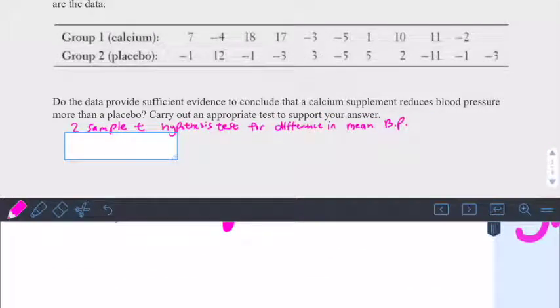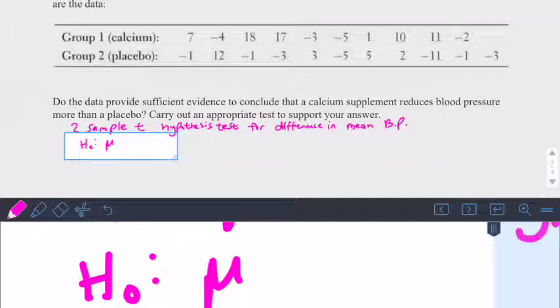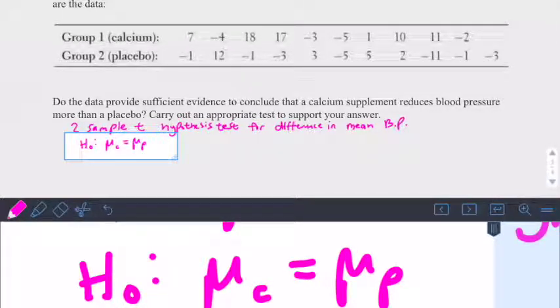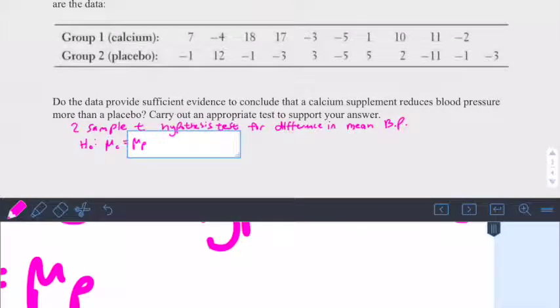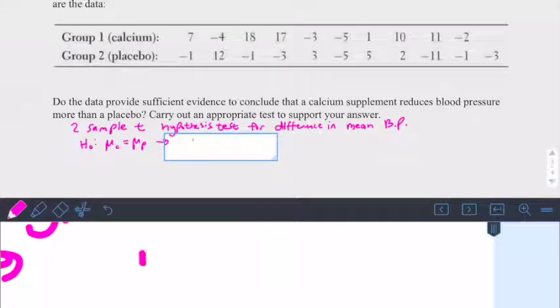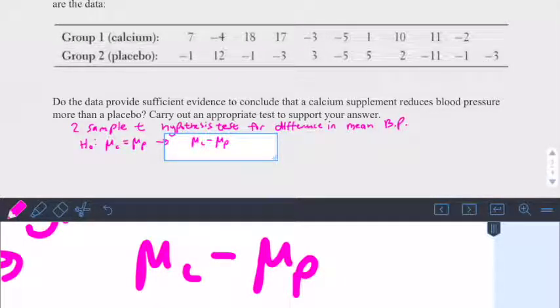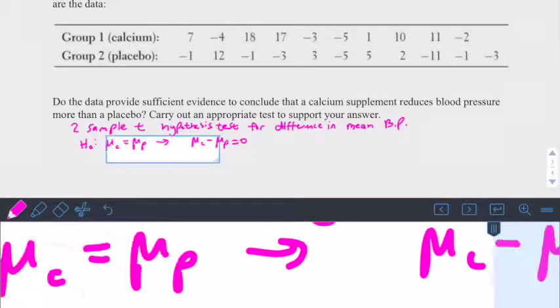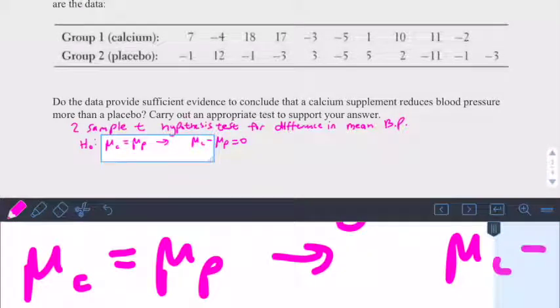Okay, we need our hypotheses. Our null hypothesis will be that they're the same, right? Our mean of our calcium is equal to our mean of the placebo. Okay, you could have also written it as mu calcium minus mu placebo equals 0, right? That says the same thing if you just subtract mu p from both sides.